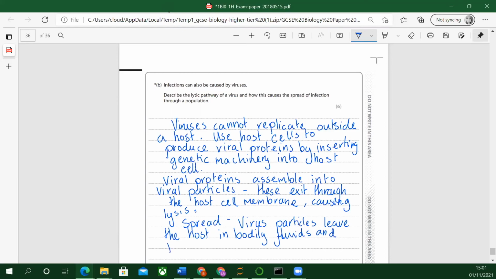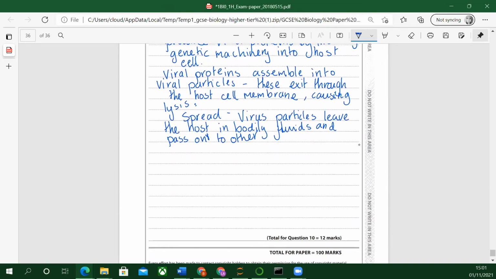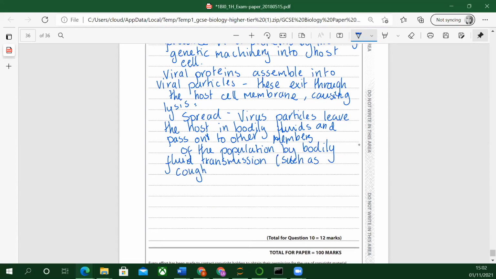And pass on to other members of the population by bodily fluid transmission such as coughing and sneezing, etc. Okay, that's the end of that one.